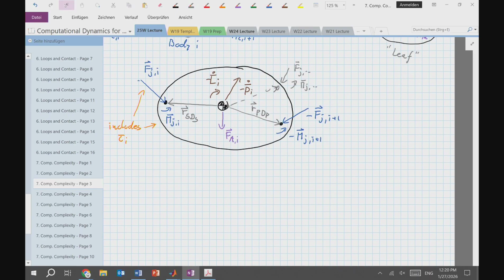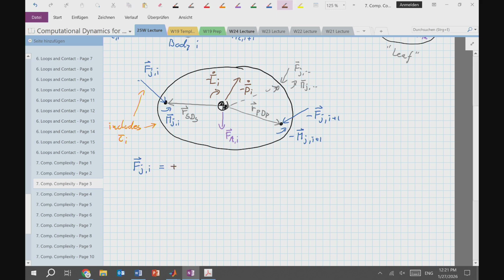Now, sum of all forces equals 0, or the way I will write it is Fji is equal to everything else with a minus sign.